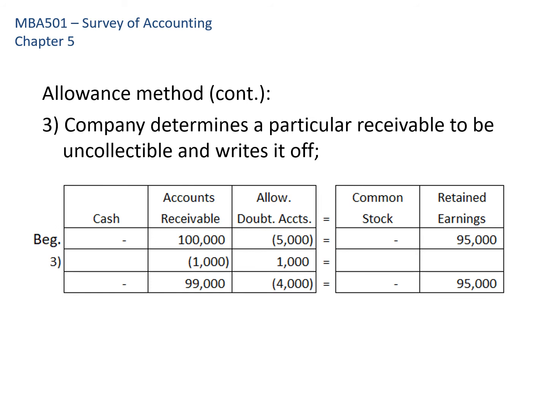But again, they reduce a negative number with a positive number, so that way our entry balances there, both sides are zero. Okay, so they had negative 5,000, they adjust that with a positive 1,000, so they end up now with a negative 4,000 allowance. So they now have a provision for future write-offs in the amount of $4,000.